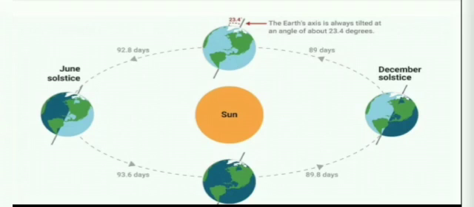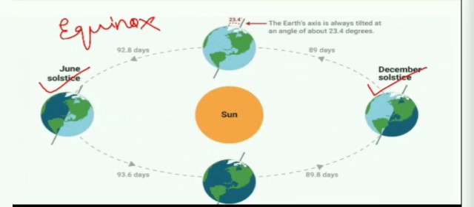There is another important term, equinox. We have now discussed summer solstice, which happens on 21st of June, and winter solstice, which occurs on 22nd of December, and these two positions are the solstices.